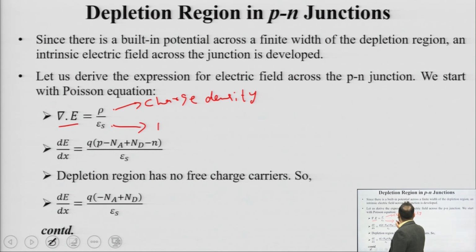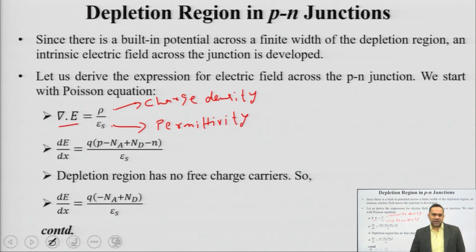Epsilon is your permittivity, medium dependent. So, if you are going for silicon diode or a silicon PN junction, you would use the dielectric constant of silicon multiplied by permittivity of free space. Del operator is nothing but d by dx operator. So, I can write dE by dx. Charge density is Q times doping or concentration.